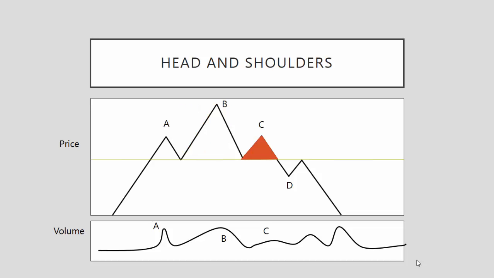Point C: a third rally with a considerably lower volume than the highest points of our head and left shoulder. This rally fails to register a higher price before another decline. This is called the right shoulder.